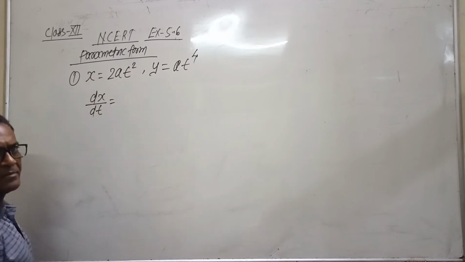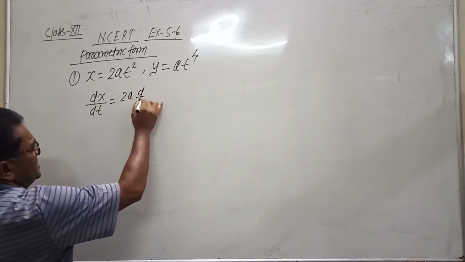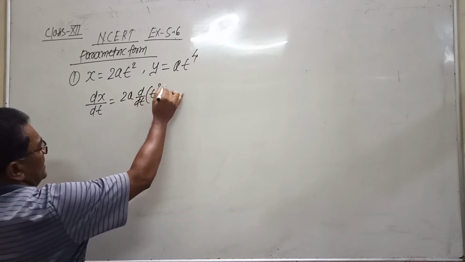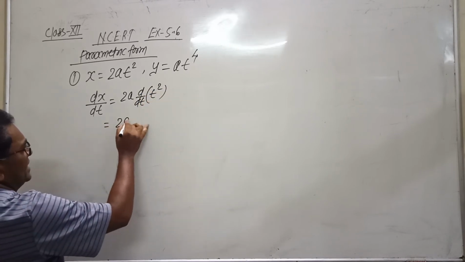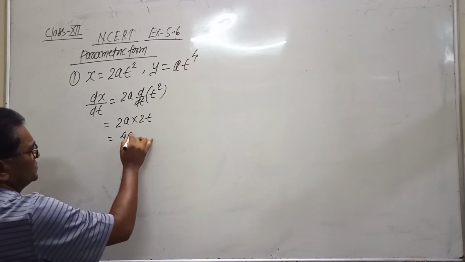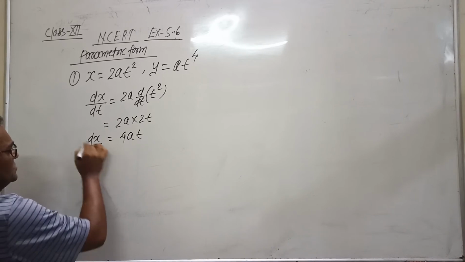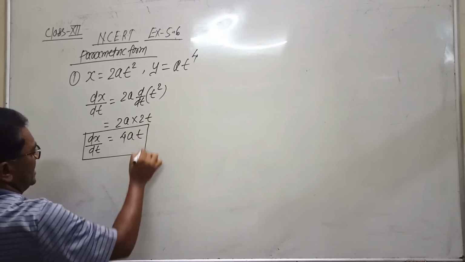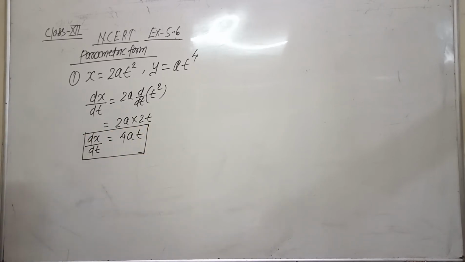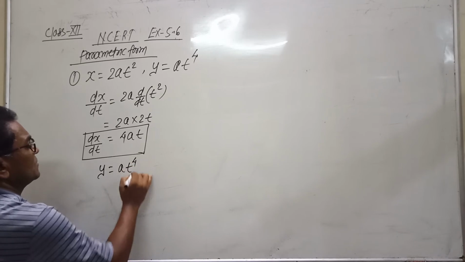We have to differentiate both sides. 2a is a constant term and d by dt of t square. So 2a and differentiation of t square is 2t. So it gives 4at. So dx by dt comes to be 4at. Now we will calculate dy by dt. So y equals a t raised to the power 4.